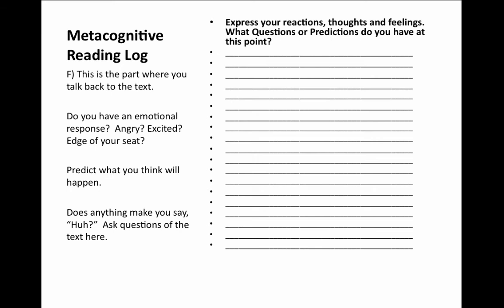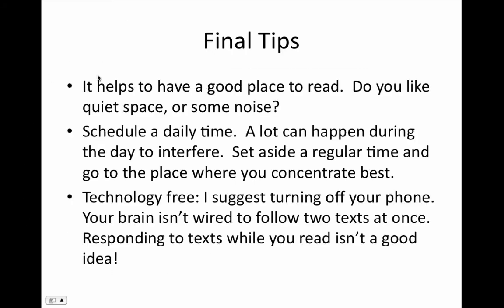Predict what you think will happen. And does something in the text make you say, huh? Ask questions of the text here. And yes, you should have something in this section. Every time you read, you should have something to answer here. Maybe not all of these at the same time, but do some of it.